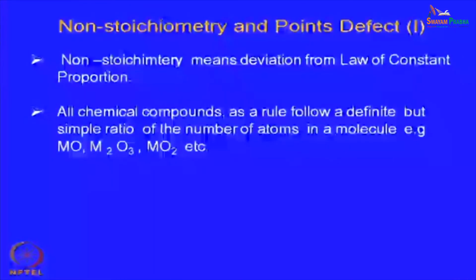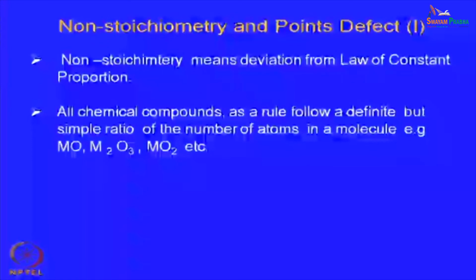All chemical compounds as a rule follow a definite but simple ratio of the number of atoms in a molecule, as for example MO, M2O3, MO2, etc. That means the metal to oxygen ratio is a simple integral multiple or factor.